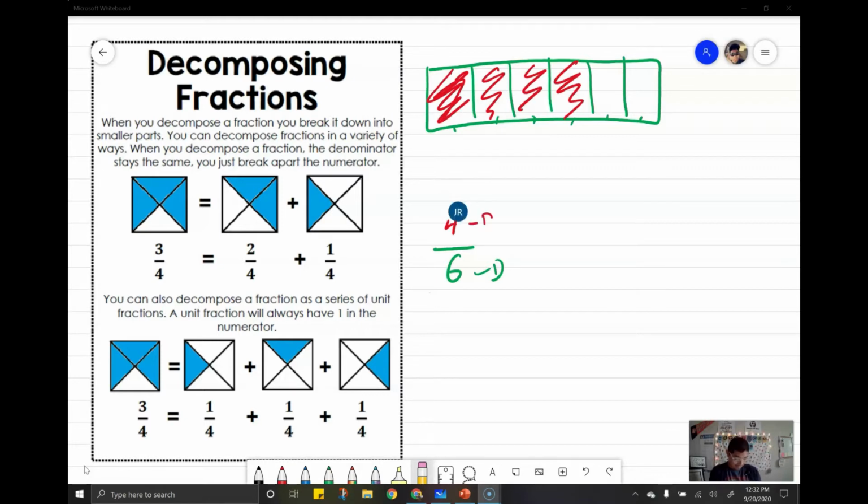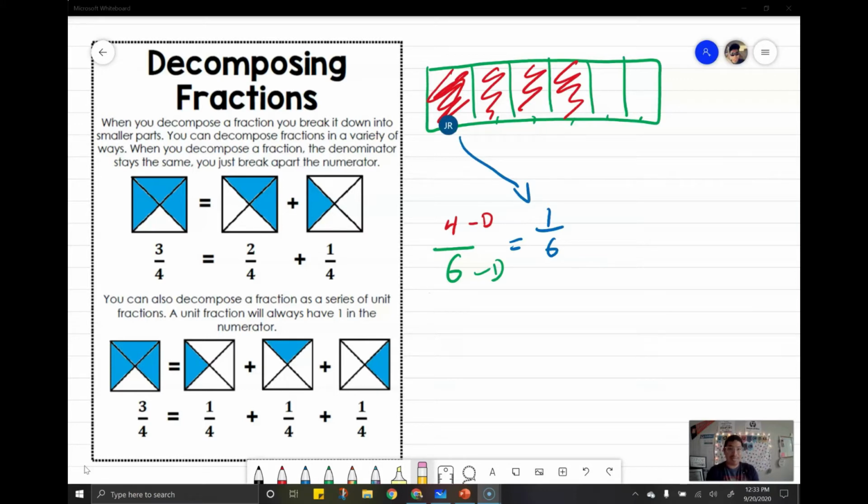Okay. All right, let's see if I can break this down into its unit fraction, okay? So because I'm breaking it down into its unit fractions, that means there has to be a 1 in my numerator. And what's going to be in my denominator? Is it going to change? Is it going to be 12 pieces? 20 pieces? 100 pieces? No, good. It's going to be 6 pieces. Okay? So I have 1/6. But that's just 1.